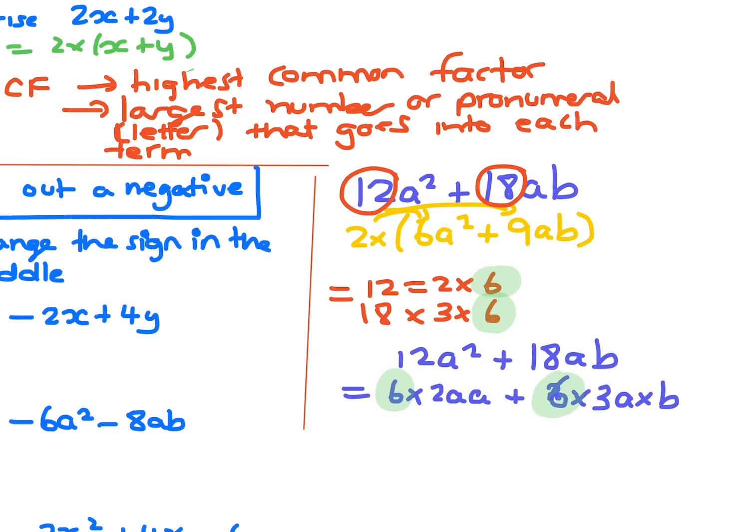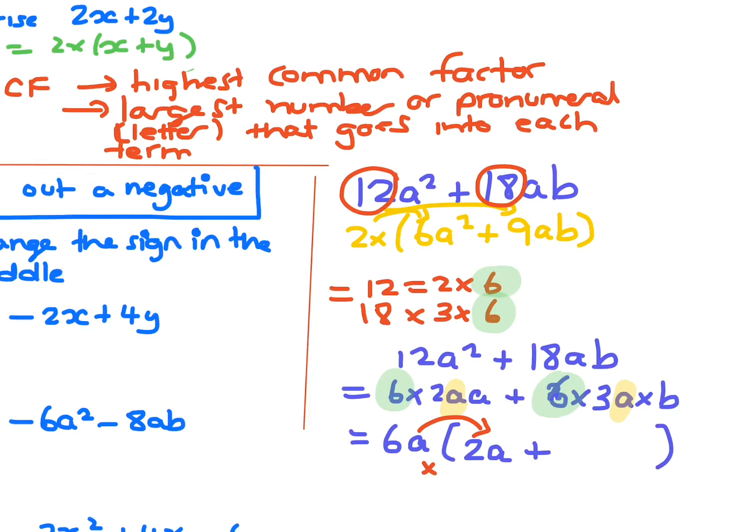There is also a common factor of one of the a's, and there's nothing else that is common in both. So you take the 6 out and you take one of the a's, and then you put the bracket, and then you look at 6 times what will give you 12a squared. So 6 times 2 will give you the 12, and then we need another a so we can make the a squared.